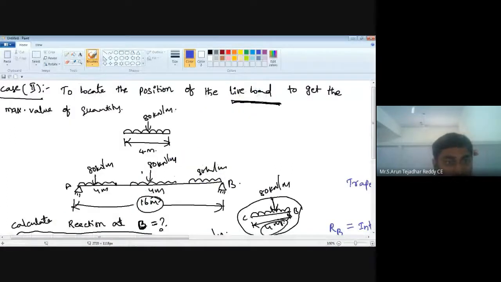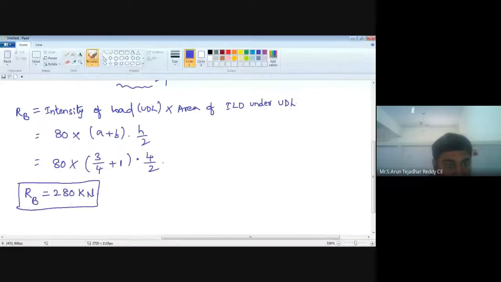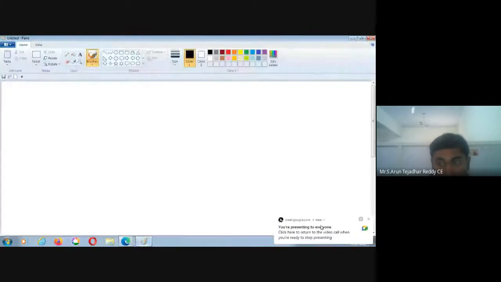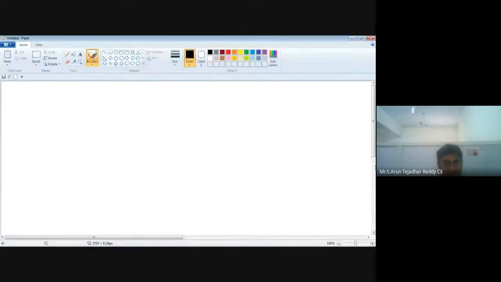See here, our case number 2 is to locate the position of live load to get the maximum value of the quantity. So in this case, we got 280 kilonewton as the maximum. Next problem is regarding wheel load.